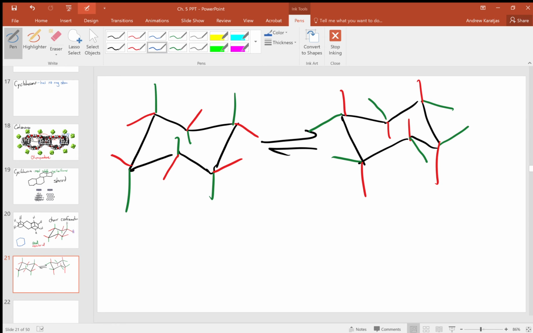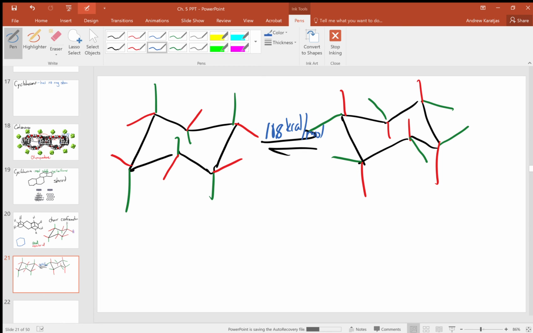And again, if there's no substituents other than hydrogen, then this is just slightly under 11 kcals, 10.8 kcals per mole for this to happen. And typically anything under 15 or 20 kcals per mole can readily occur at room temperature. So what happens is that under normal conditions at room temperature, these two conformations just flip back and forth with each other.